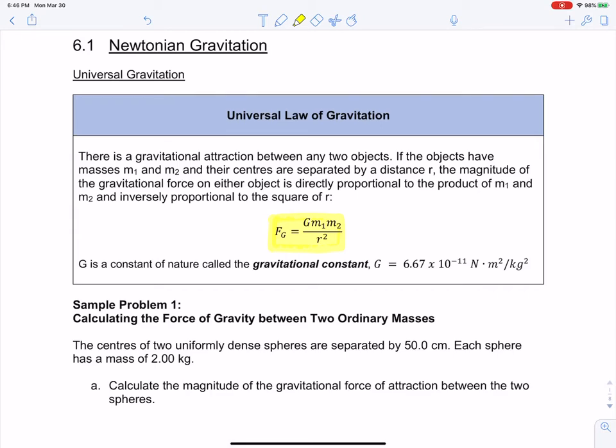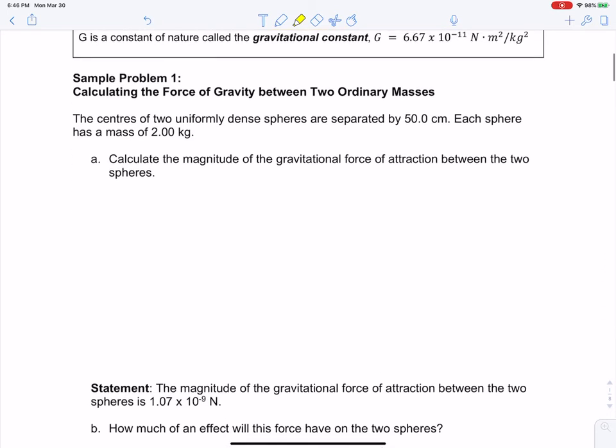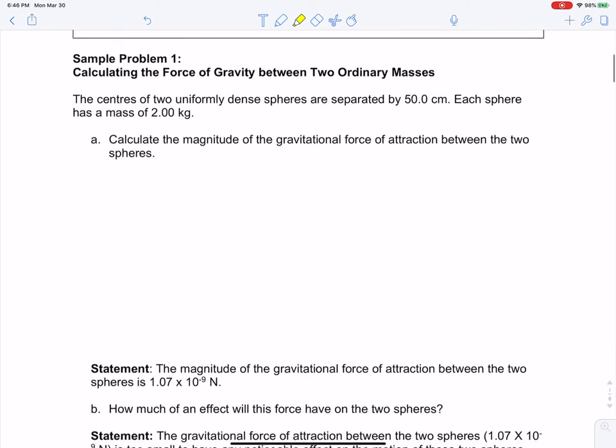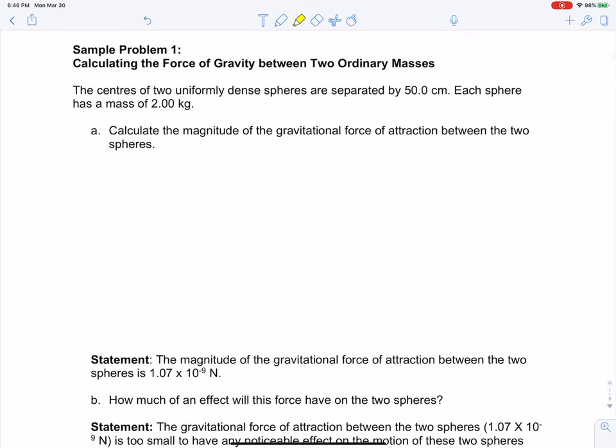Let's start with sample problem number 1. Calculating the force of attraction between two ordinary masses. The centers of two uniformly dense spheres are separated by 50 centimeters. Each sphere has a mass of 2 kilograms. So let's start by writing down what we know.